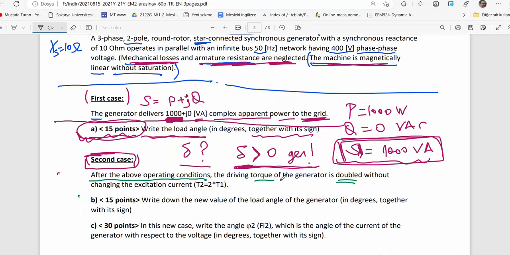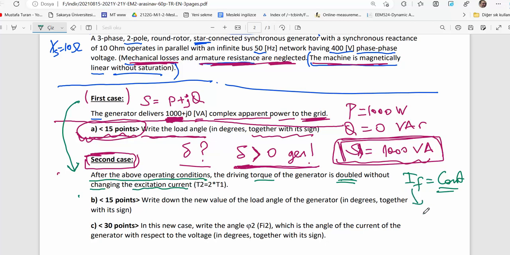Okay, let's continue reading. The driving torque of the generator is doubled without changing the excitation current. Houston, there is information. There is no change in IF. It is constant during the cases. From case 1 to case 2, IF keeps its value constant. Okay, what does it mean?